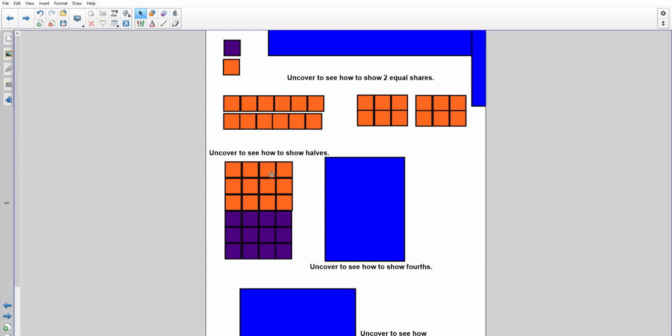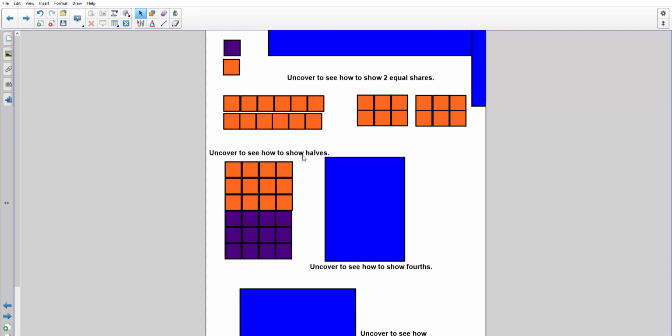Because I see there's 2 of them, the orange ones and the purple ones. You're right, they are. How many are in the half that's orange? Don't count by ones. Can you find a faster way? 4 plus 4 is 8, and 4 more is 12. Let me check this. 4 plus 4 is 8, plus 4 more is 12.